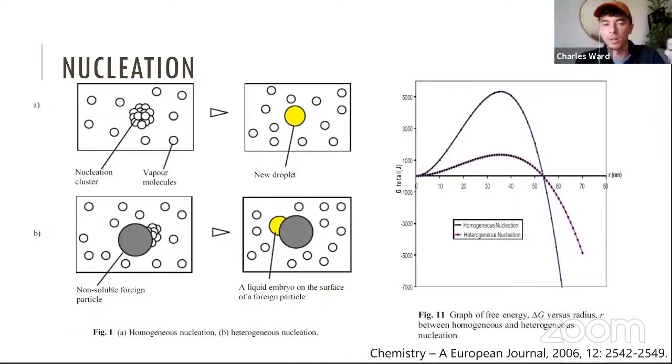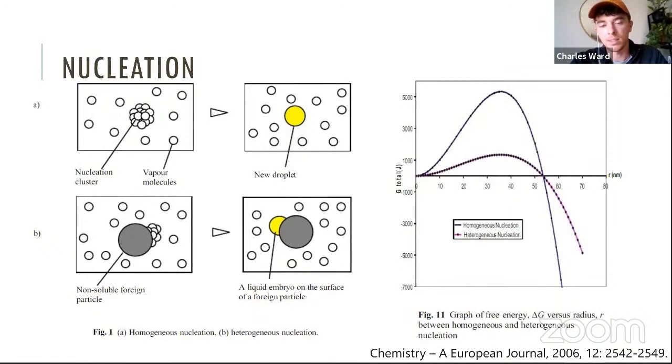Okay, so now I'll talk about what is homogeneous versus heterogeneous. This image on the left, the top row, is an example of homogeneous. It's particles in solution combining together once they've reached that critical size and overcome that energy barrier, and they form this new particle marked as yellow. It's one particle now, and then that can grow, right? On the bottom is heterogeneous.